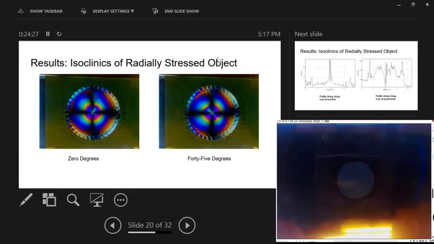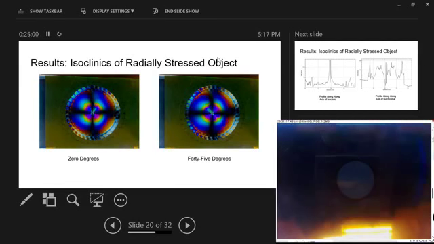We also did a radially stressed object. So this is not linearly stressed, but radially stressed. And we expect, because a radial stress profile would essentially mean that the trajectories would be going out to our edge, right? And you can see that the isoclinics here, which correspond to the directions of our stress, correspond to the regions where the stress is aligned with our analyzer polarizer. And our analyzer and polarizer are oriented horizontally and vertically.